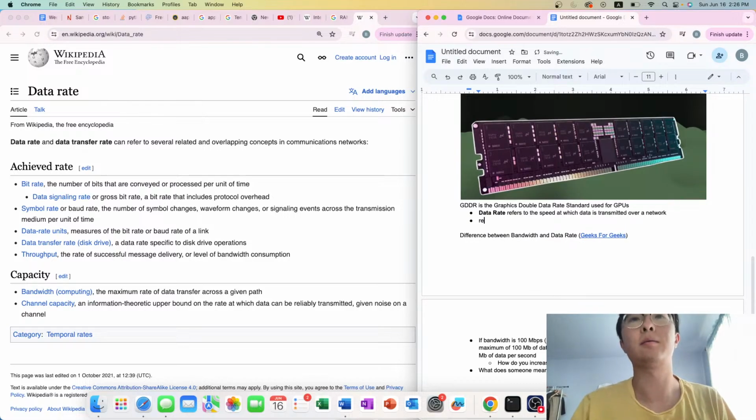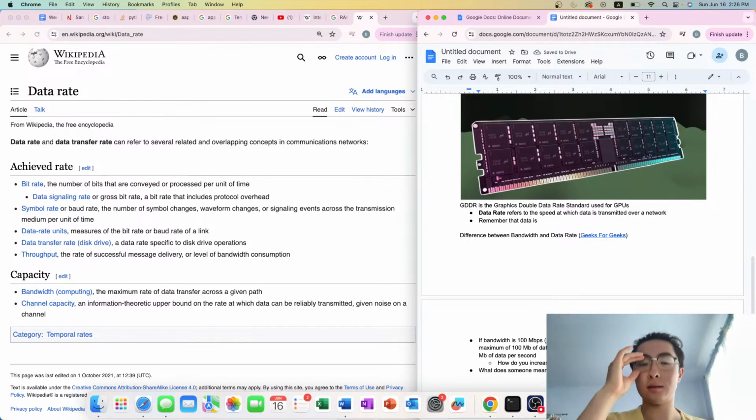So remember that data itself is represented as bits or a byte, a sequence of 8 bits.